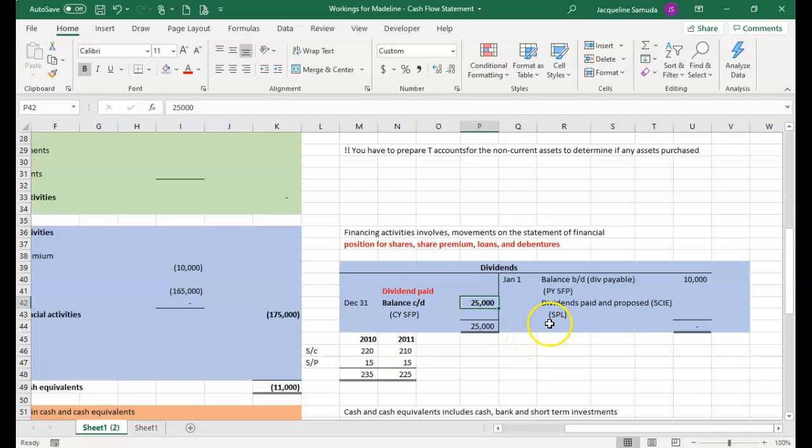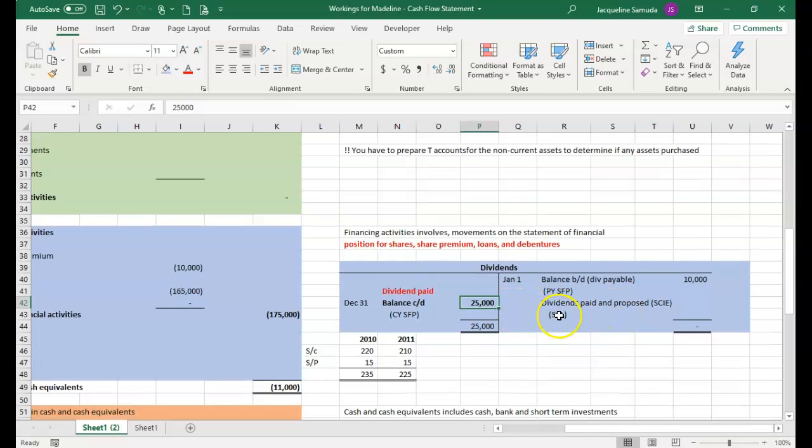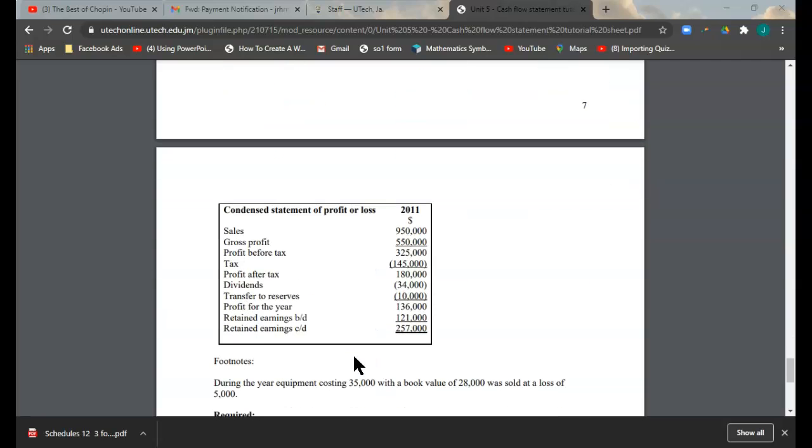So now we need to look at one of two places. If the question gave you the statement of changes in equity, you would look there. But what they have done for this question is to put it as an extension of the statement of profit or loss. So when I scroll down to the statement of profit or loss, there I see dividends.